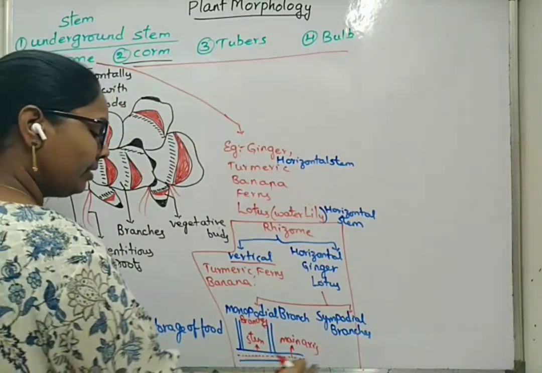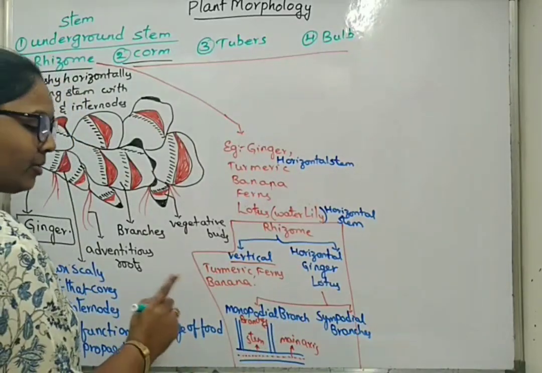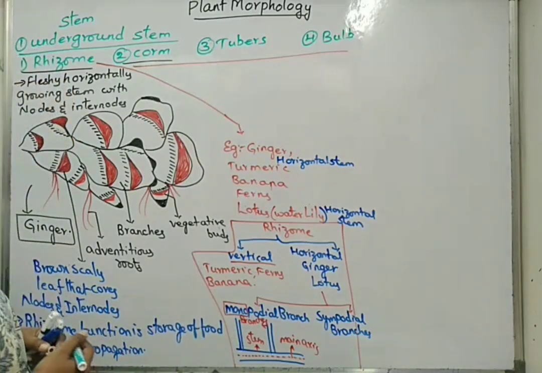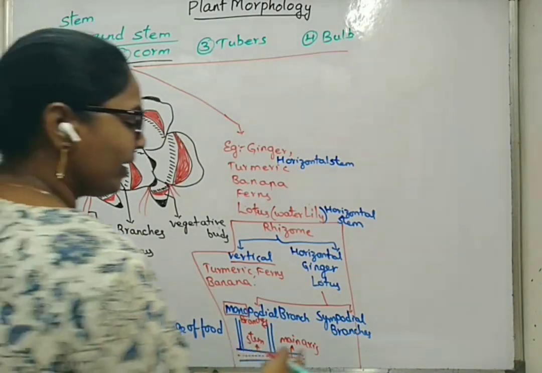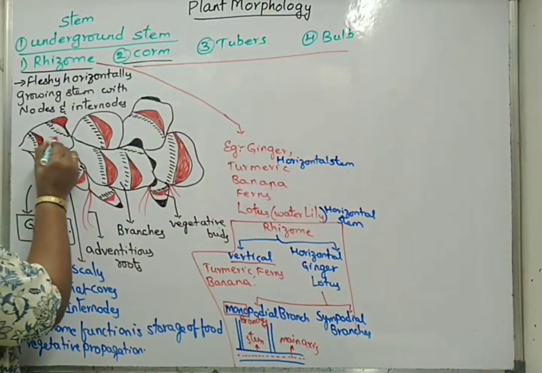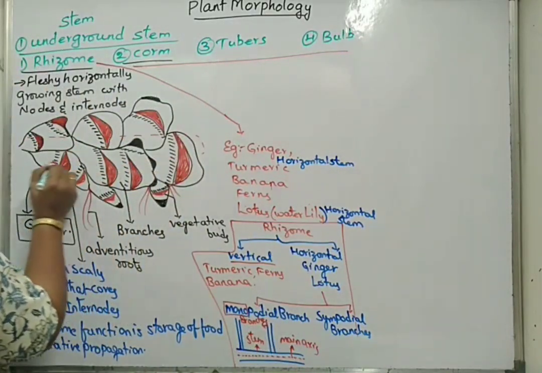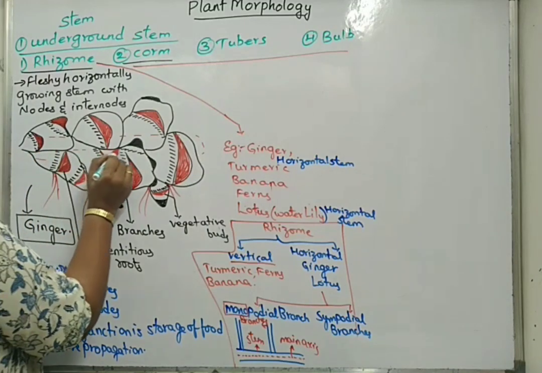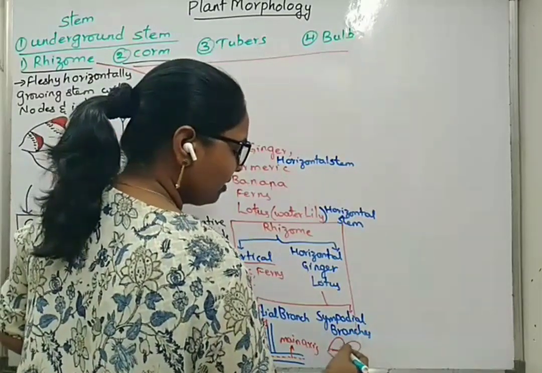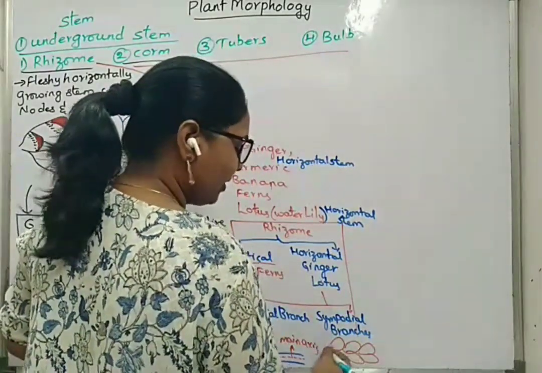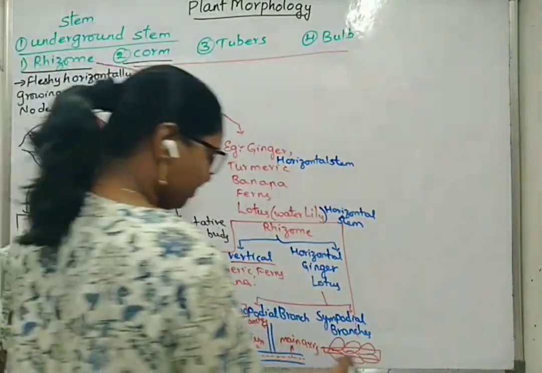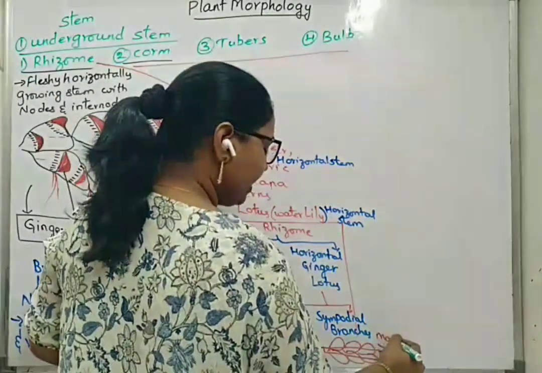The main axis is one single axis that is not touching any of the branches. So we call it monopodial: only one single axis without touching the branches. But in case of sympodial branching, if you see ginger, most of the branches are touching the main axis. If you draw the diagram, many branches are touching the main axis.